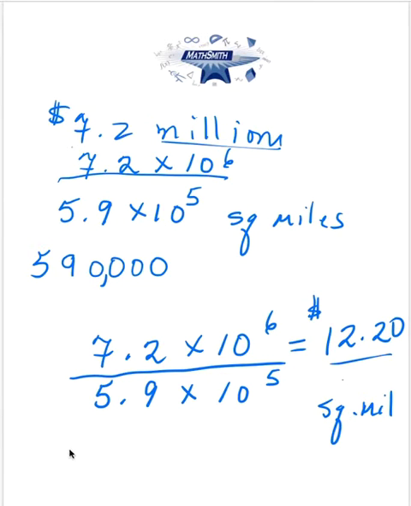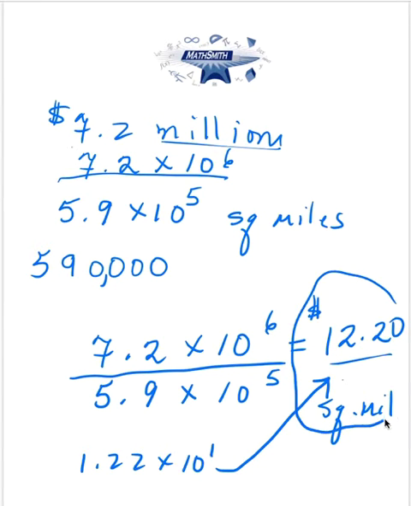If you had it in scientific notation mode, it would probably say something like 1.22 times 10 to the 1st. But we are going to convert it over to money now because we're talking about money. So that's a pretty good deal. $12.20 per square mile. Wow. Dollars could go a lot further than they do now. This gets us like a movie maybe now.